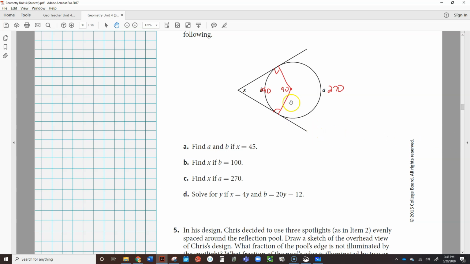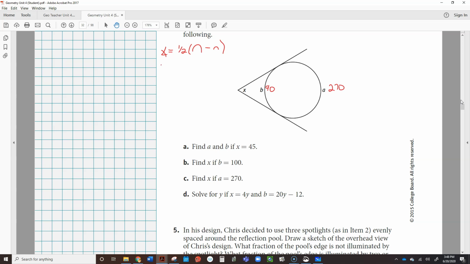Again, I am going to erase this so I can do it using the new formula just for practice. So if A is 270, then B is 360 minus 270, so B is 90. And we know the angle is equal to half the big arc minus the little arc.